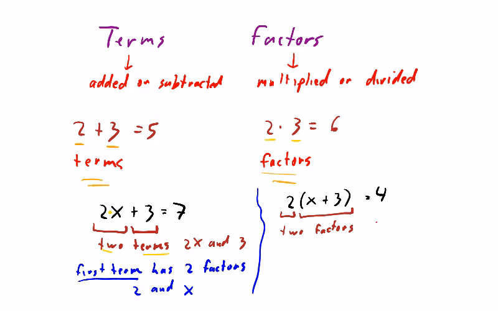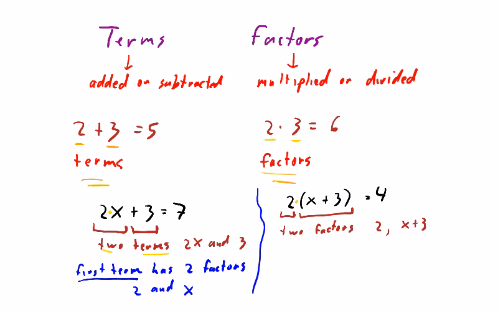The first factor would be the 2, and the second factor would be the whole quantity x plus 3. Because once again, there's an implied multiplication right here. So 2 is being multiplied by the entire quantity x plus 3. We'll talk more about how to do that in a future video.